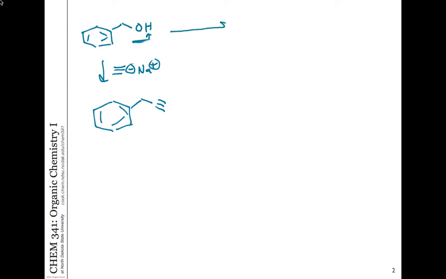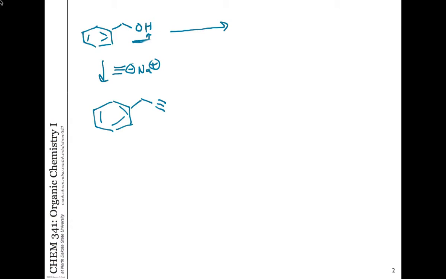What could you do to make it a halide? HCl may work, but remember that goes through carbocations. If it were tertiary alcohol, it'd be much better. But then you can't do SN2 on a tertiary halide. What's a better choice?